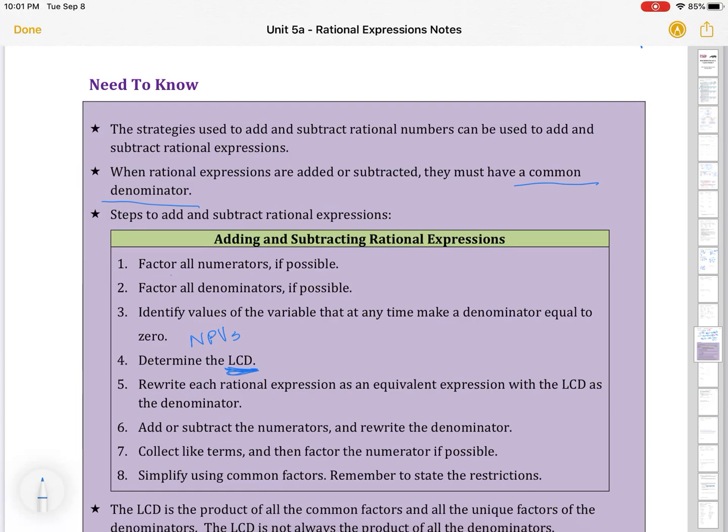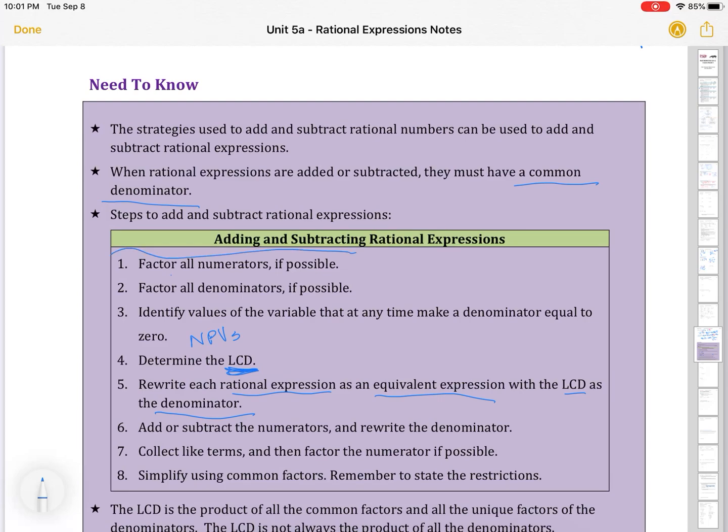Determine the lowest common denominator. Rewrite each rational expression as an equivalent expression with the lowest common denominator as the denominator. Add and subtract the numerators and rewrite the denominator. Collect your like terms, then factor the numerator if possible.